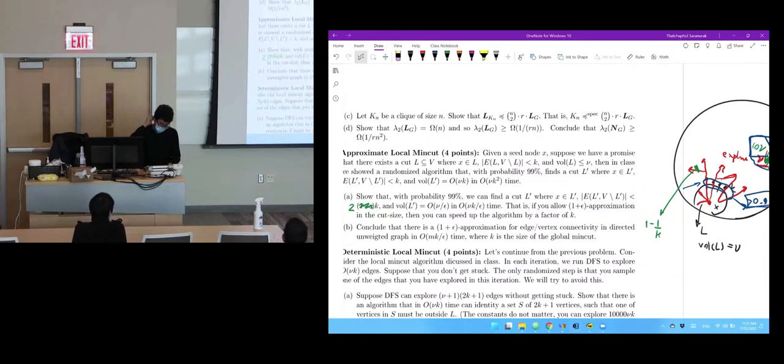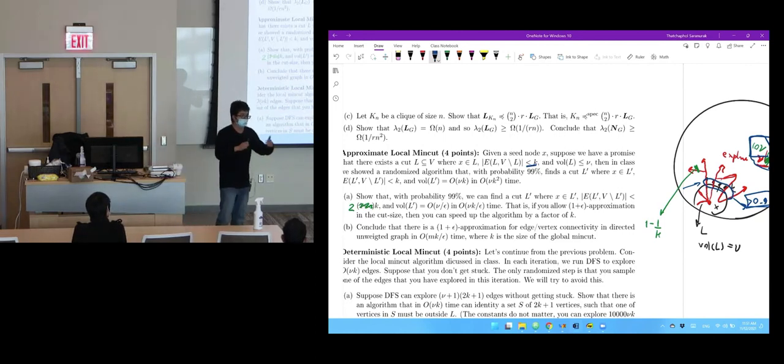So how many times are we repeating the iteration? If we are okay with a 2 approximation, then the number of iterations will be 2k.